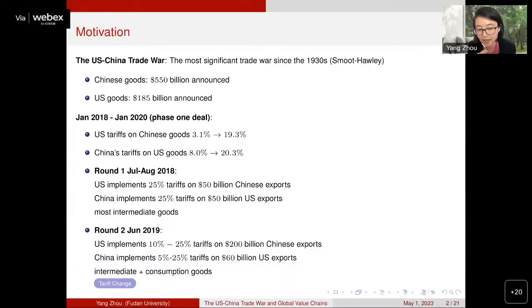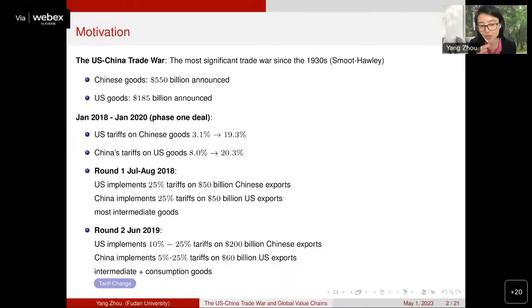As a retaliation, China implements an additional 25% tariff on $50 billion of U.S. exports. Most of the goods in this round are intermediate goods. That's round 1.